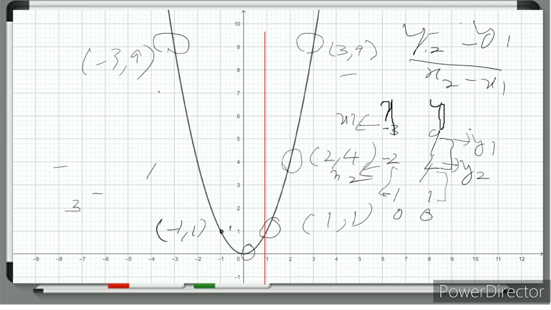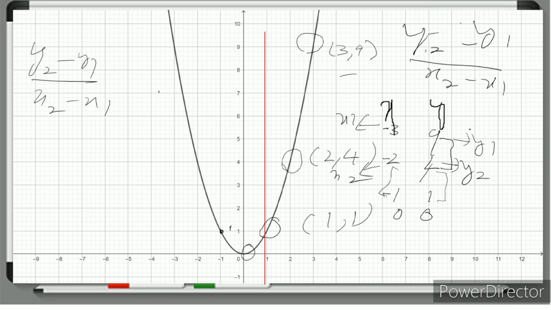I will erase all these coordinates. Here, boys, I will take another pair, that is y2 minus y1 divided by x2 minus x1. From the previous one I get the rate of change, that is change in y values by change in x values, as minus 5. That is the slope value, I got minus 5.